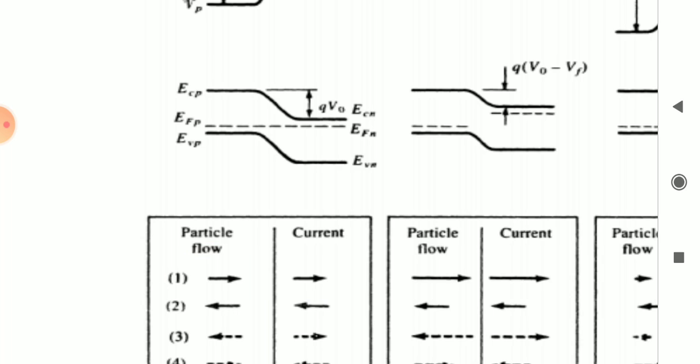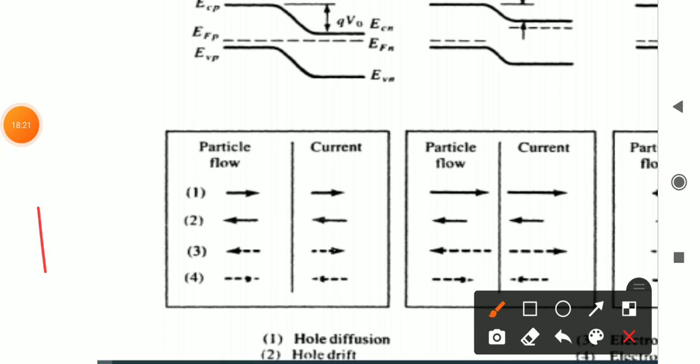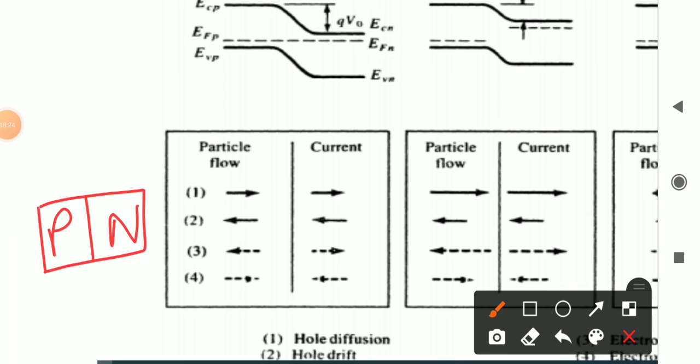If we consider a PN junction, again I will draw the PN junction. So this is our P and this is our N. The first terminology is hole diffusion. Holes are present in the P region, so the hole will always move from this side to this side. That's why the arrow mark is given like this.